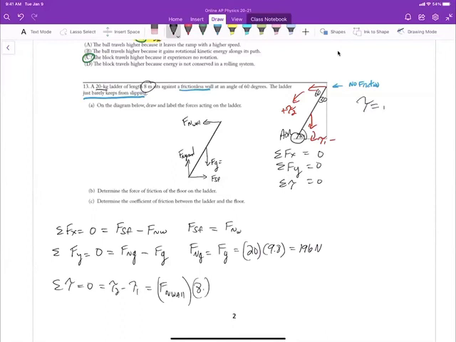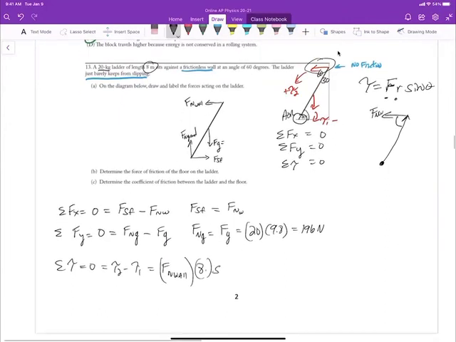Let's remember our equation: force times r times sine of theta. And theta is the angle between the force vector and the r vector. So let's look at this force normal from the wall, and here is my r vector. And so I want to know this angle. Okay, and that would be 60.